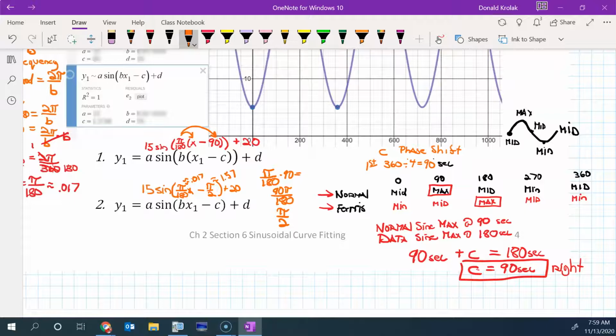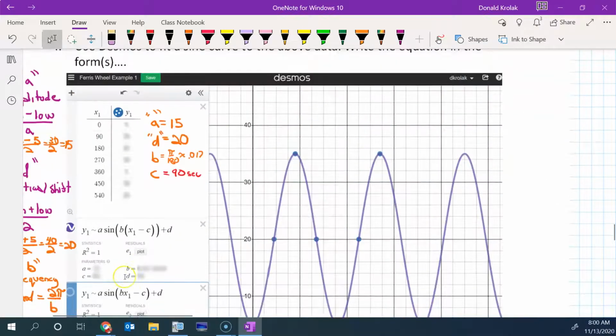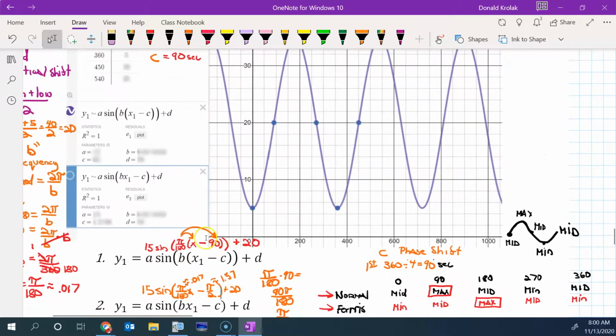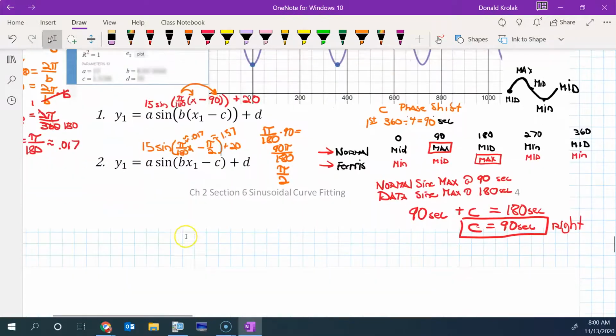So that way you'll know it's the same thing. All right, so now let's let Desmos do the work, and then we'll compare it to what we got by hand. Really, the hardest thing to calculate on these is the phase shift, understanding how the phase shift works.